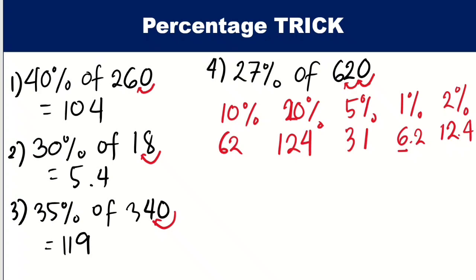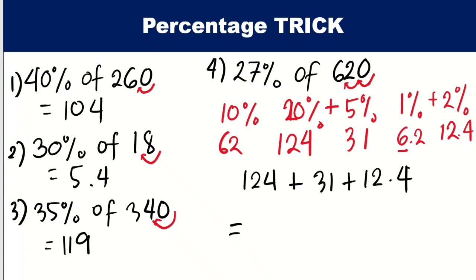Now, summing up all this, we have 27 is 20 plus 5 plus 2. So that gives us 124 plus 31 plus 12.4.